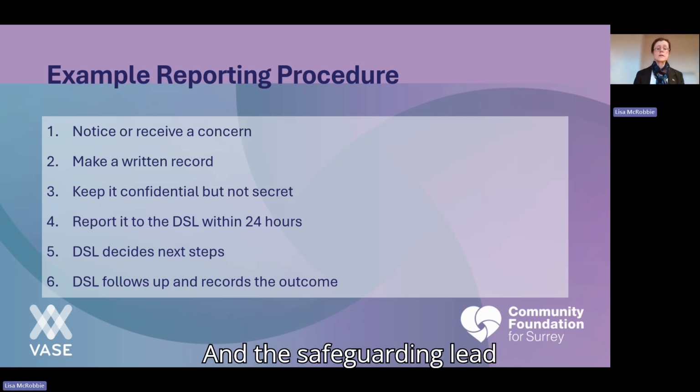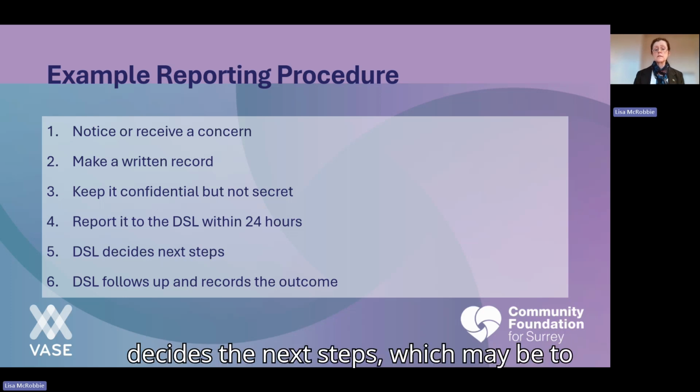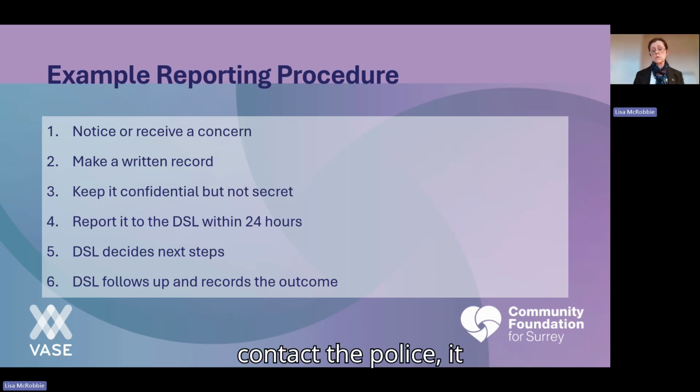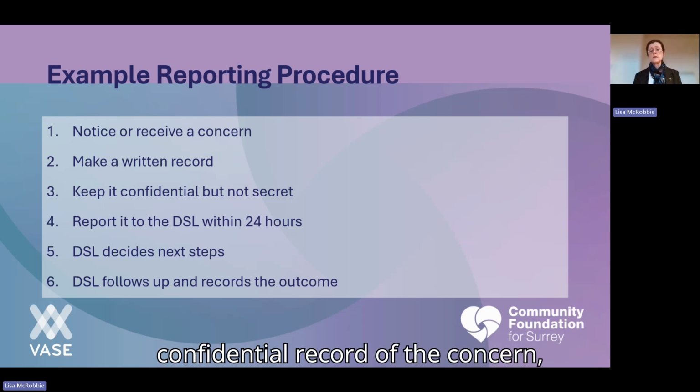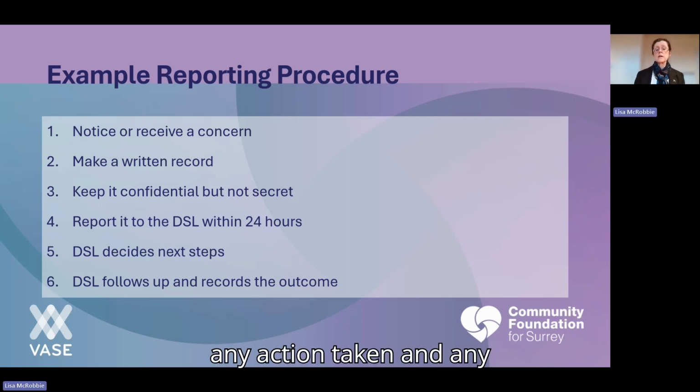And the safeguarding lead decides the next steps, which may be to contact the police, it may be to contact another agency, such as the multi-agency safeguarding hub, and then the DSL will follow it up and record the outcome, keeping a confidential record of the concern, any action taken, and any advice received.